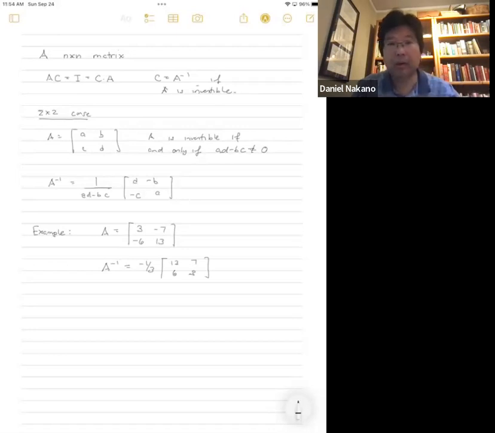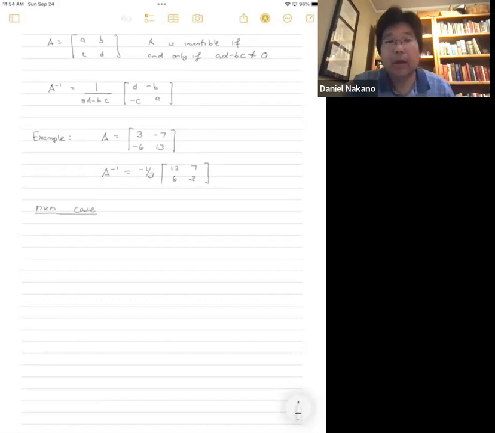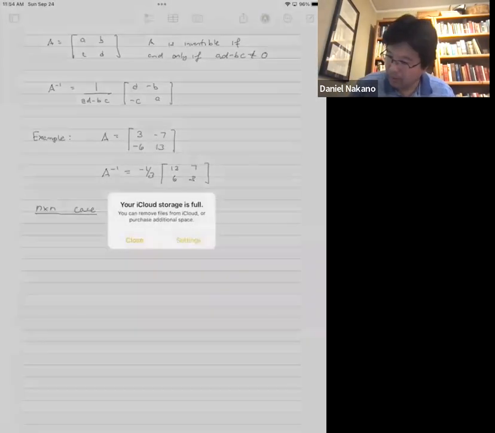All right, now that begs the question, what happens in the n by n case? So I want to look at the n by n case next, and see what we can do.